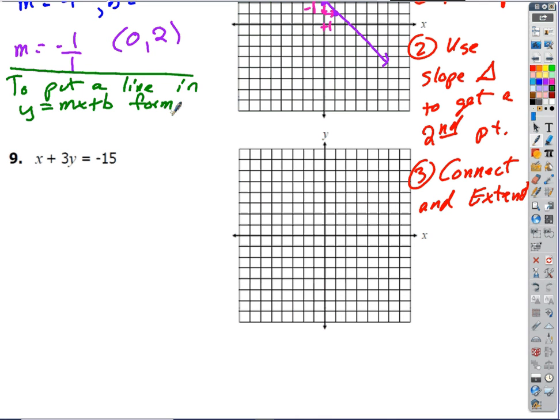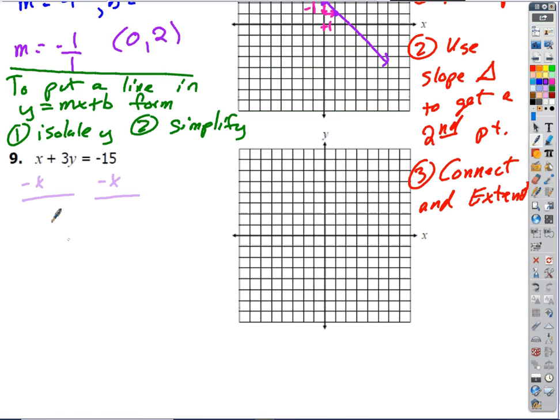To put a line in y equals mx plus b form, 2 steps. Isolate y is step one. Step two, simplify, if you even need to, okay? All right, you already told me the steps here, so let's look at those. You said subtract x first.